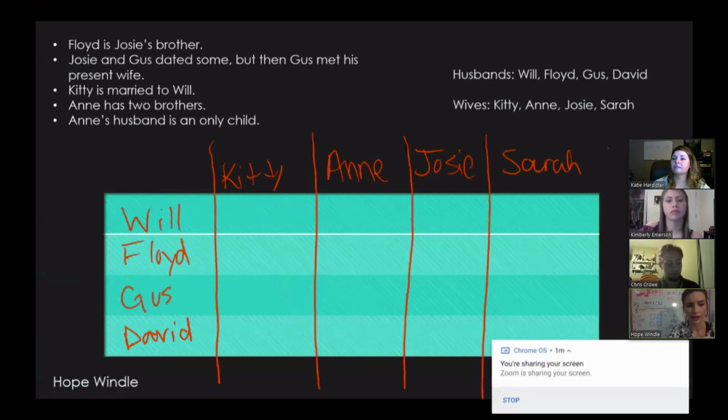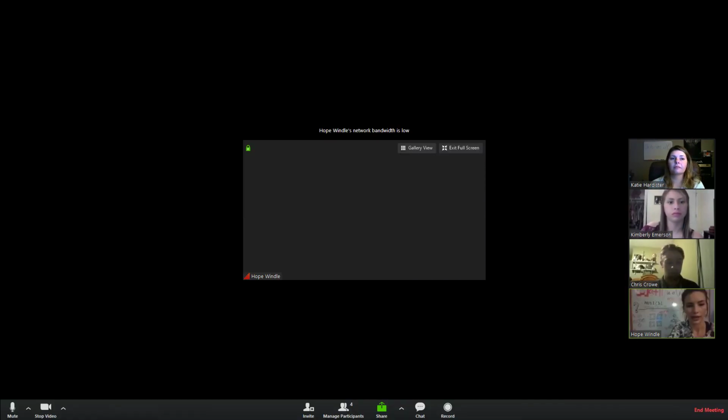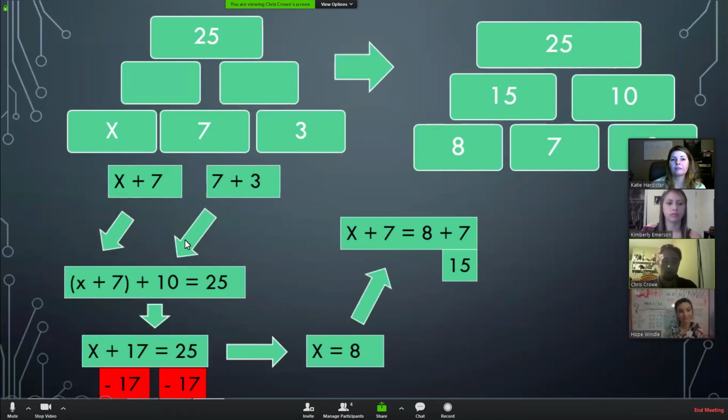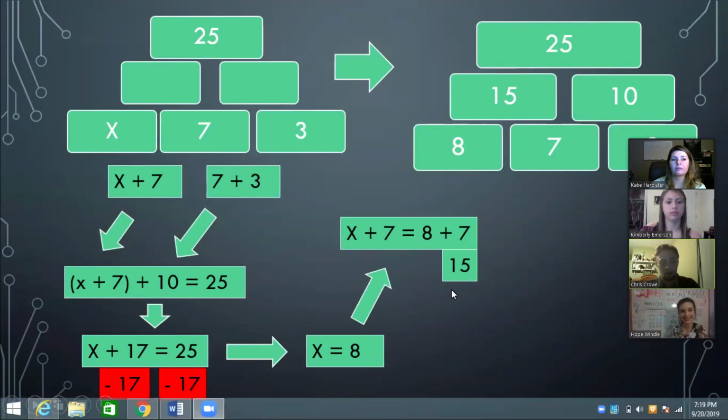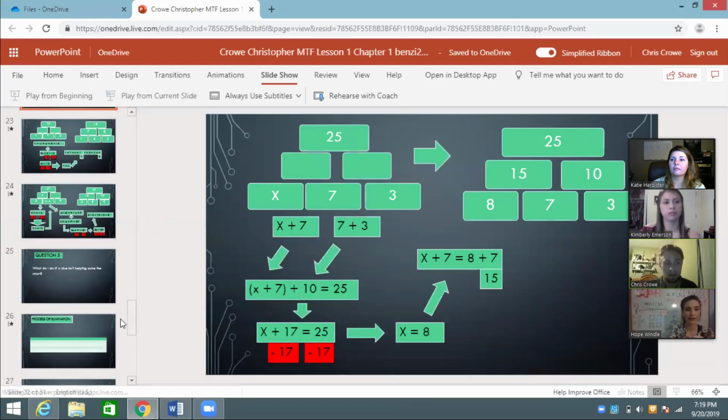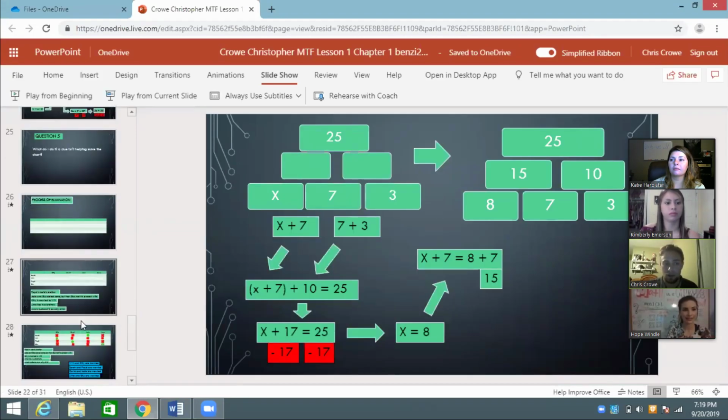But what do I do if a clue isn't helping me to solve the graph? Chris? That's actually a very good question, Hope, and I'll be more than happy to explain it. It's actually a very simple explanation as to what you do if you're dealing with a clue that isn't helping you all that much.